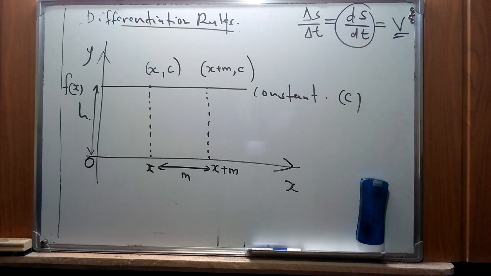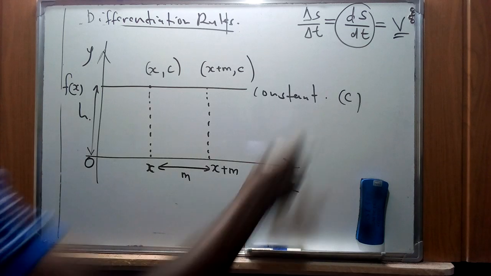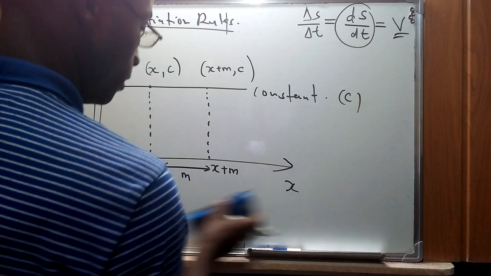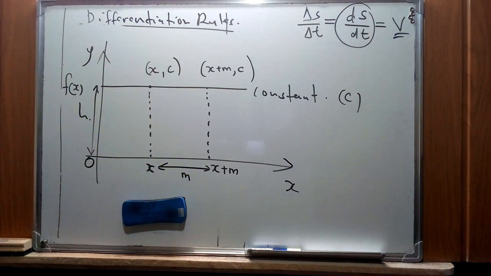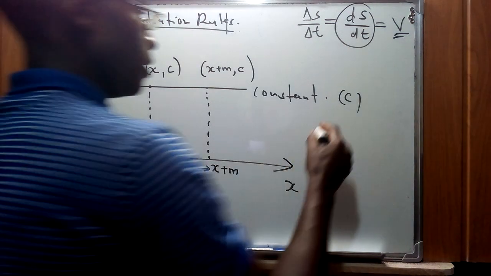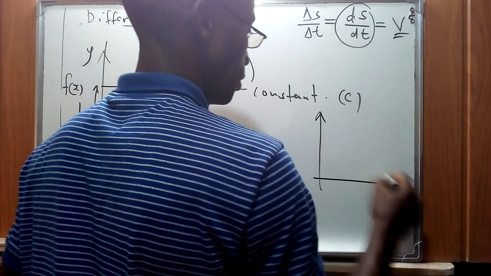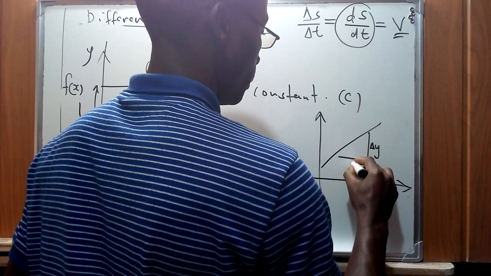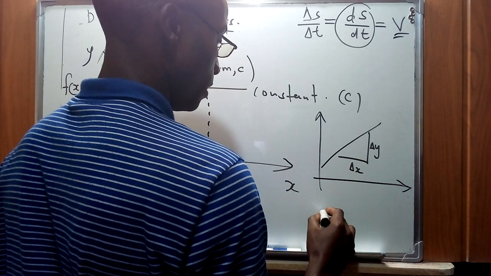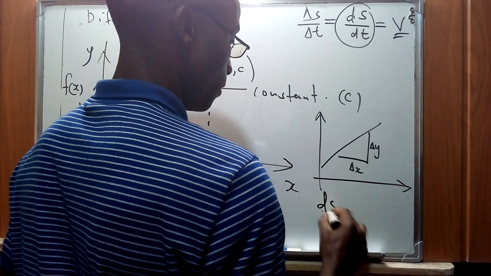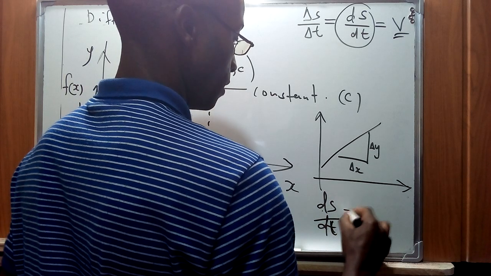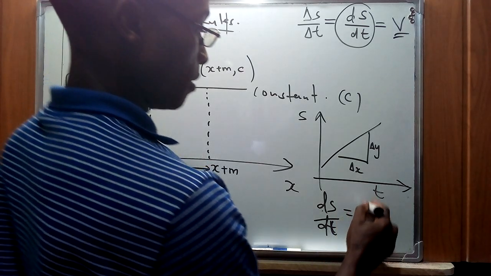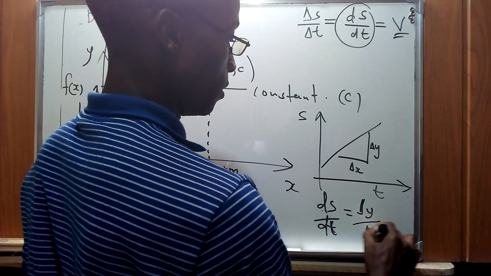So from the concept of a derivative, using these graphs like the one we normally use for distance against time, we only have a gradient if there is a change in y over change in x. This gradient, which is ds over dt, is given as change in y over change in x.